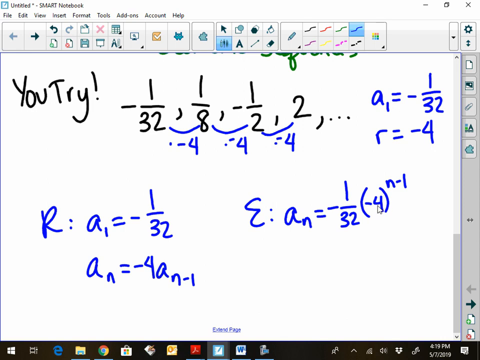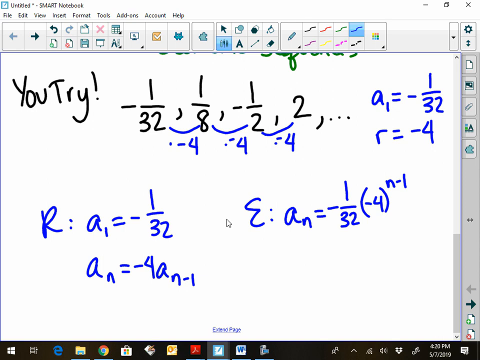Okay? So using these, we could also figure out what our 800th term is if we wanted to, right? So think about which one you would use to find a term later on. So would you use recursive to find your 100th term? Probably not, because to find the 100th term, we would have to do all of the terms before that.